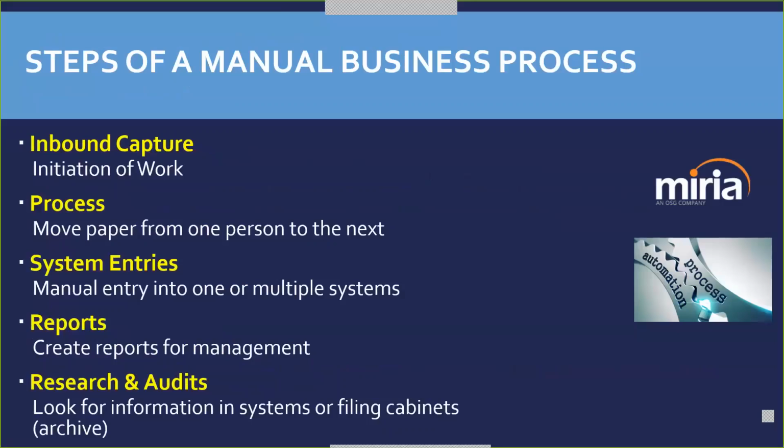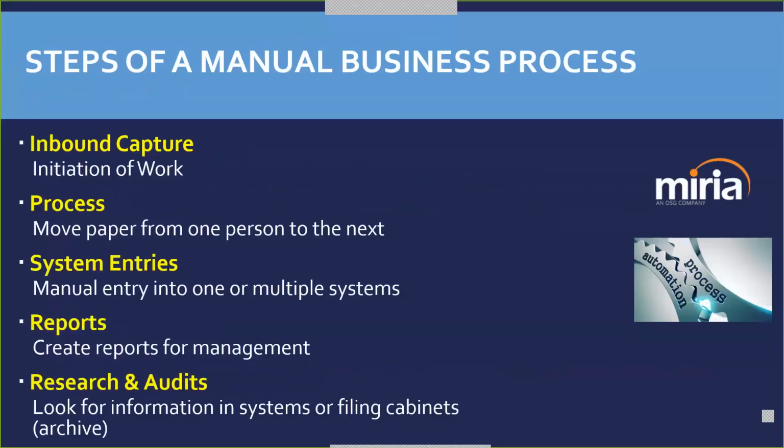And then ultimately, I might use that information for research purposes, for publication, or for internal improvements, or simply because audits are coming and you want to provide a clean and controlled way. So when you talk about a manual business process, these five steps are inherent to it.